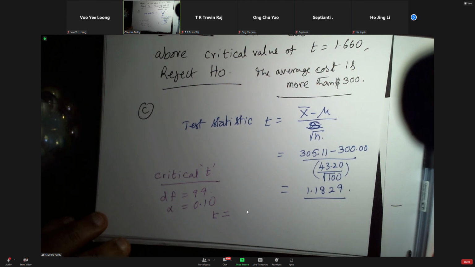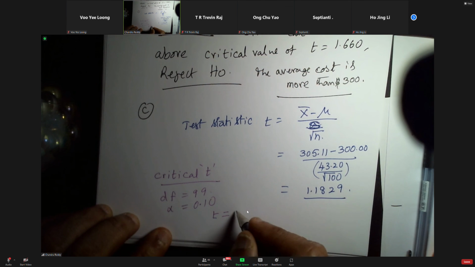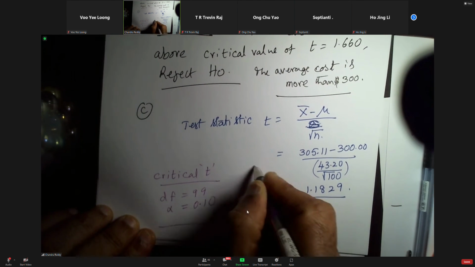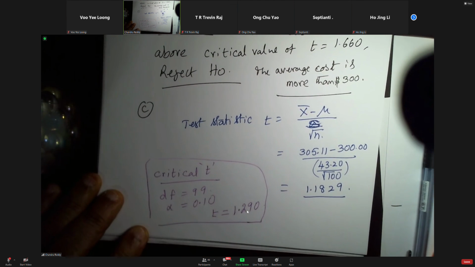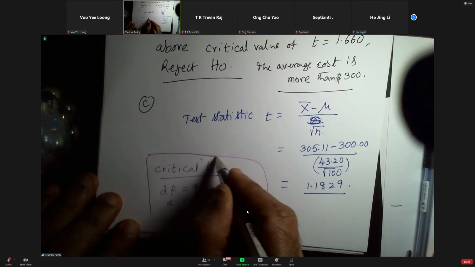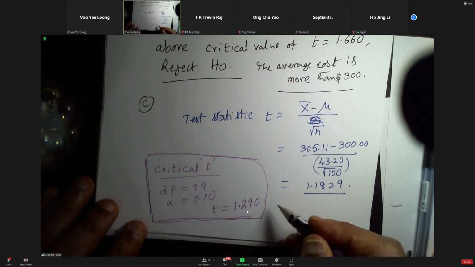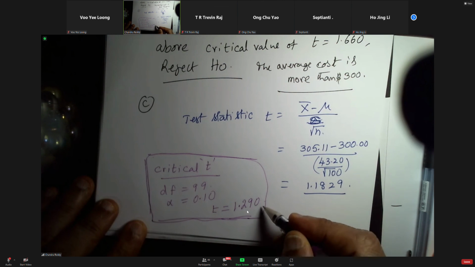That's correct. The t value is 1.29. That's correct, Dennis.